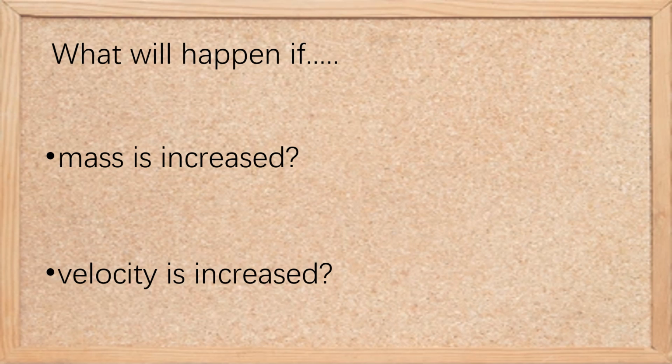Now, let me ask you, what will happen if we increase the mass and we also increase the velocity? Let's have a short walkthrough about this. We know already that kinetic energy is equal to 1/2 multiplied by your mass and then your velocity squared.